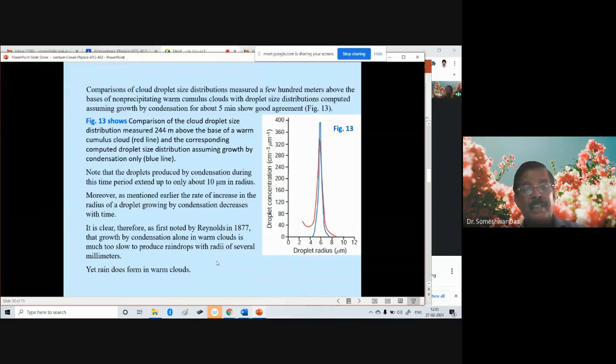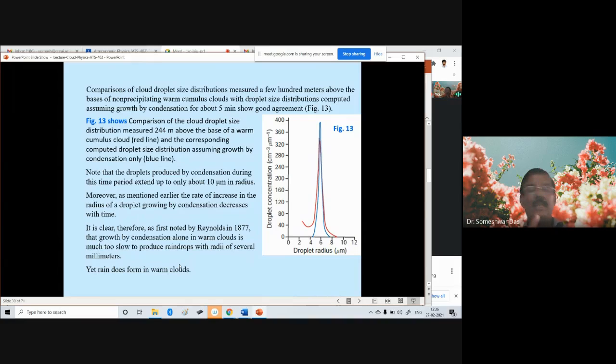Yet rain does form in warm clouds, right? If condensation was the only process, then cloud droplets of micron size would not have become large enough to match the radius of raindrops, which are several millimeters in size.